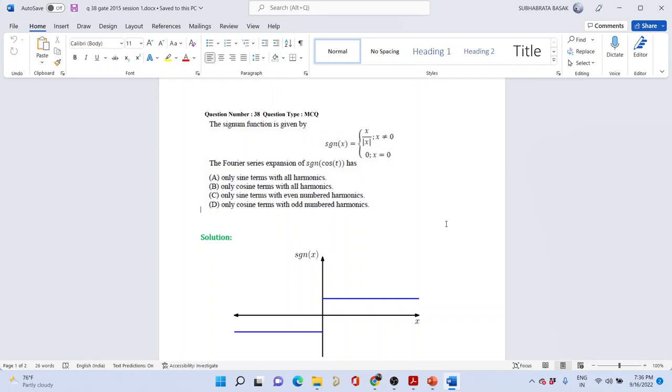Not half wave symmetry. Okay. Anybody else? What is he saying?